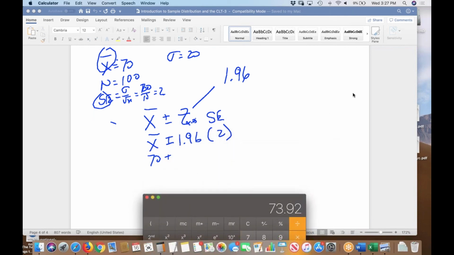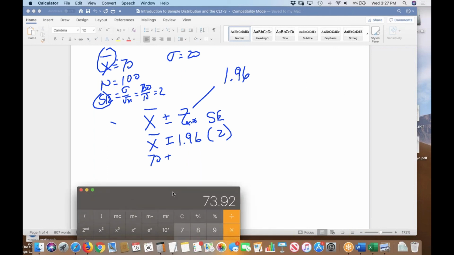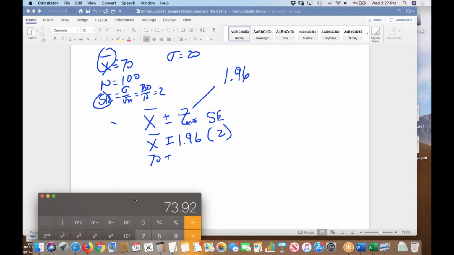Okay, now let me ask you something. What if I had said to you, I'm not satisfied with 95% confidence. I want to be 99% confident that when I give somebody that confidence interval, the true mean is between those two. If I say I'm 95% sure the mean is between 66 and 74, and I say to myself, I want to have more confidence in my confidence interval, what am I going to do with my confidence interval?